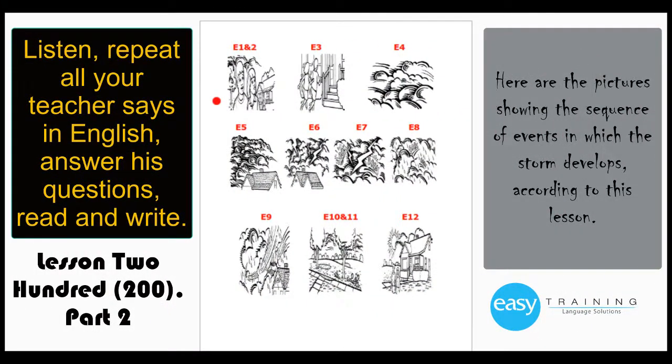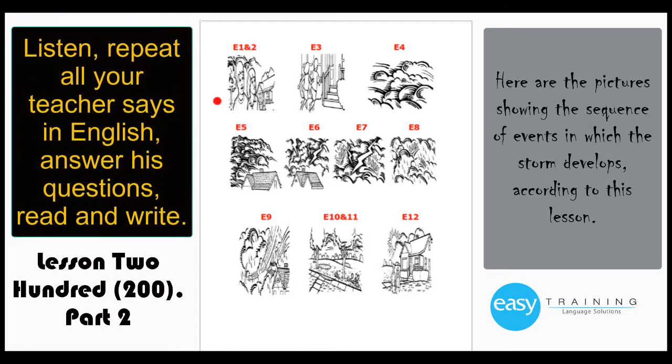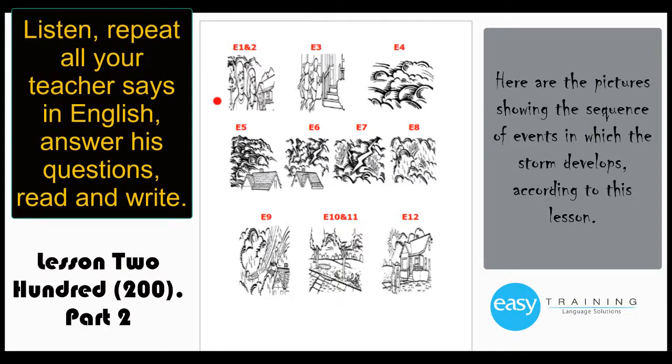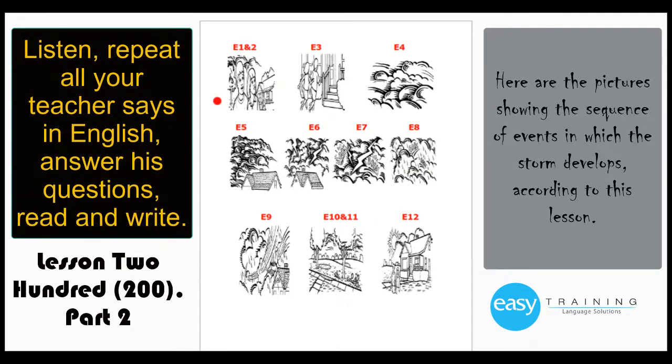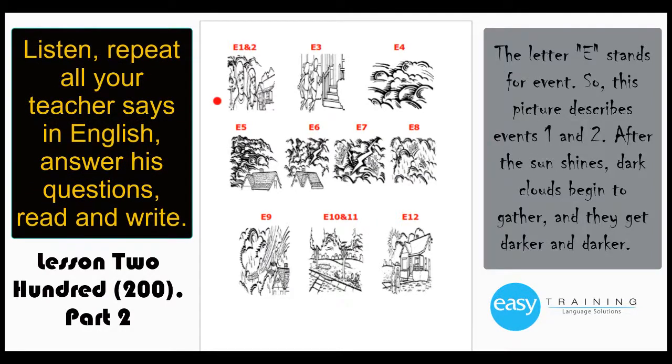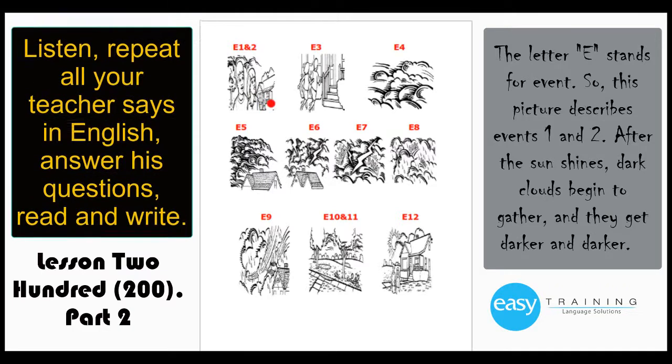Here are the pictures showing the sequence of events in which a storm develops according to this lesson. The letter E stands for event. So this picture describes events 1 and 2.